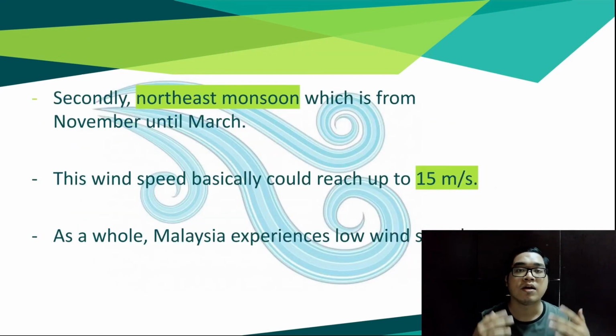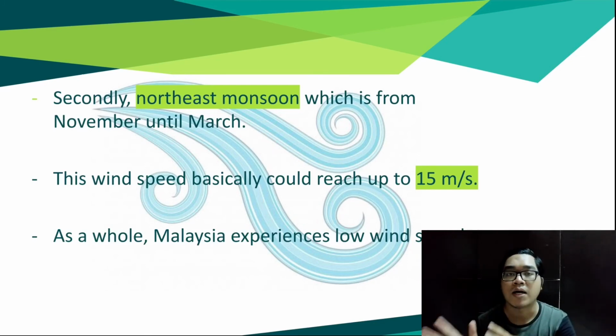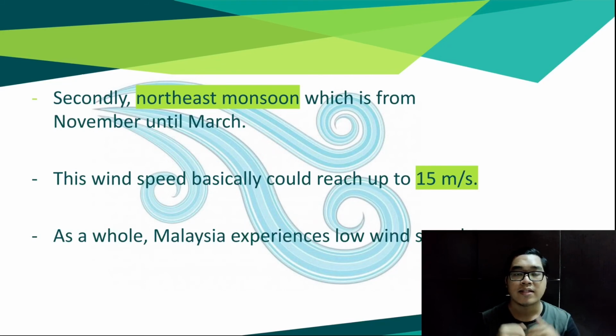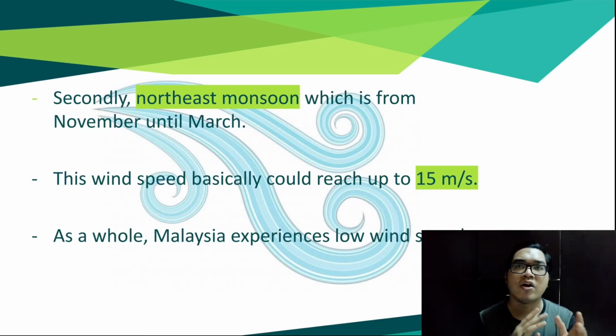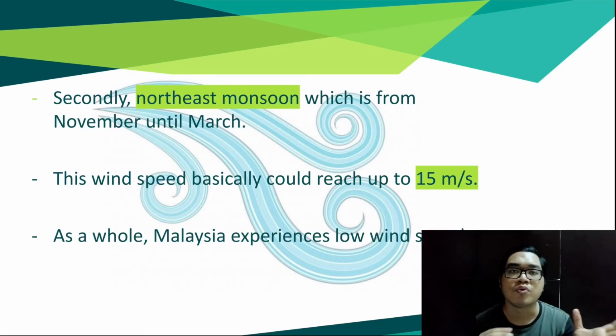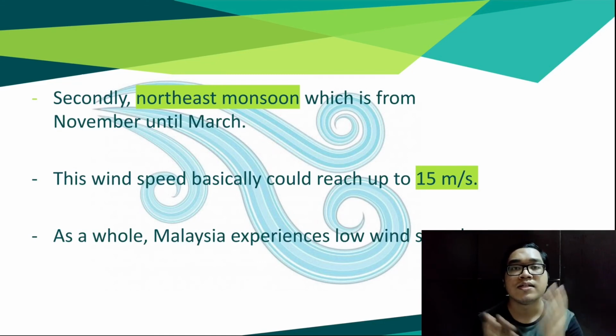The second season is the northeast monsoon, which occurs from November until March, and this wind can reach up to 15 meters per second. Basically, the wind speed is not really consistent because we have two different monsoons. As a whole, Malaysia will experience the same low speed as I said before, which is 2 meters per second.